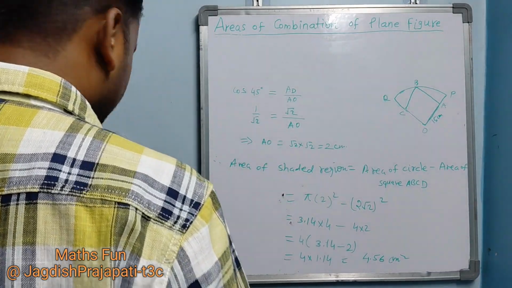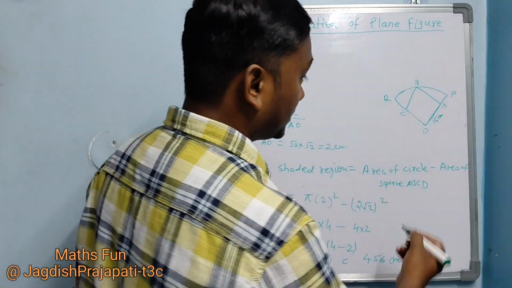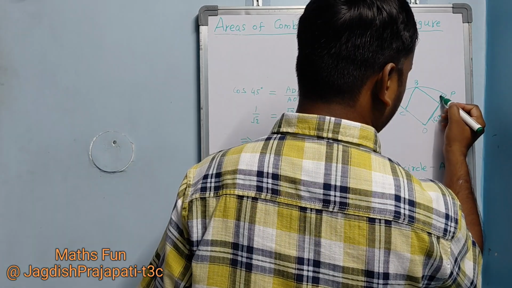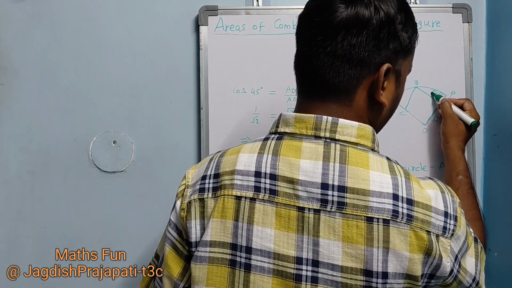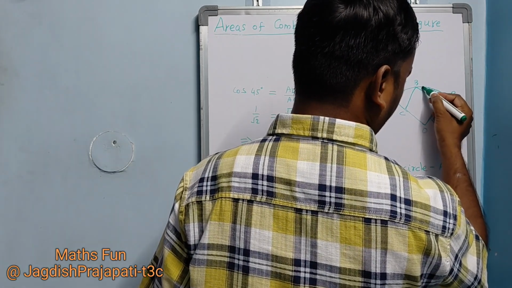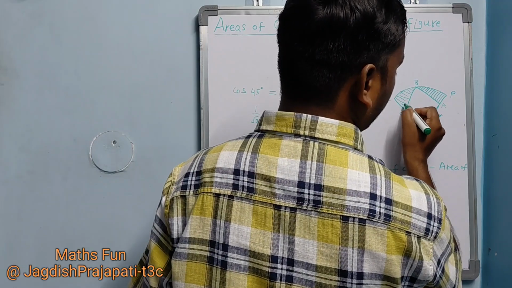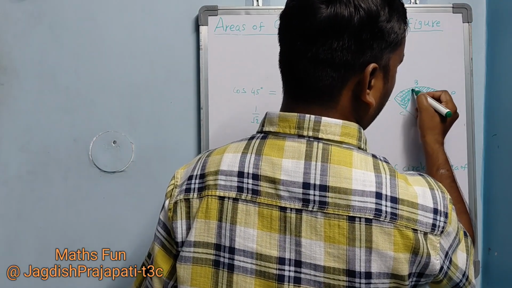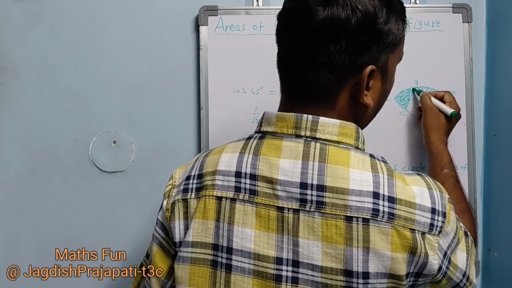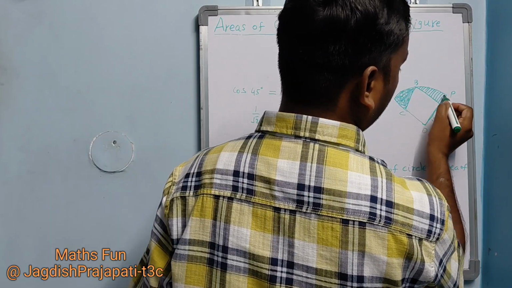Find the area of the shaded region, and the shaded region is this. This is the shaded region. You have to find out the area of this.